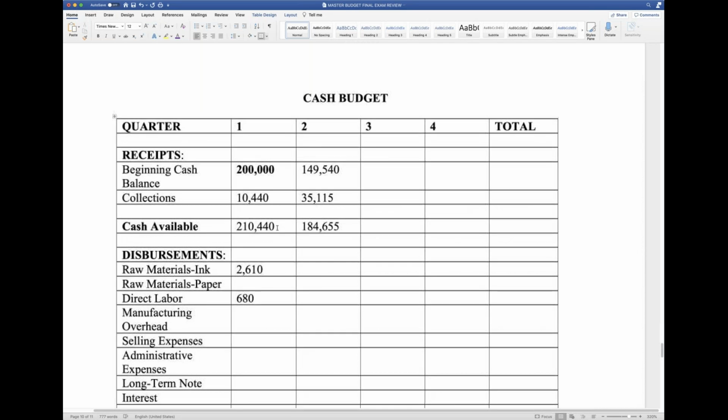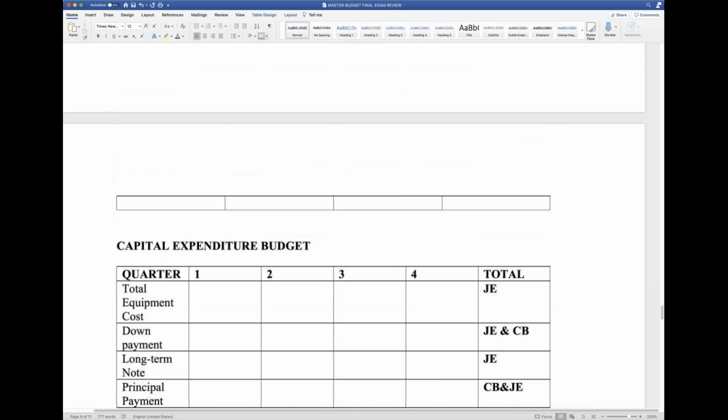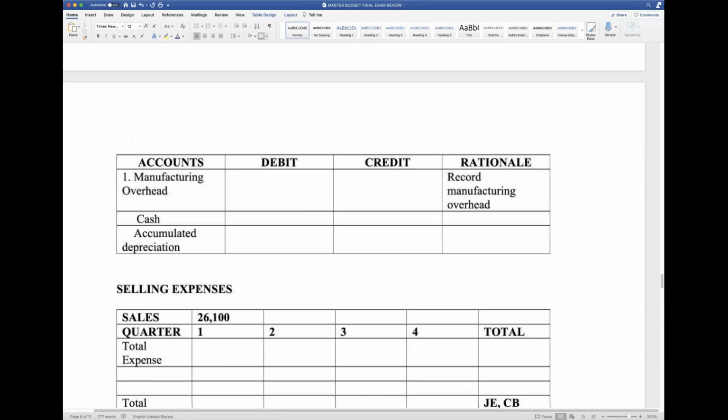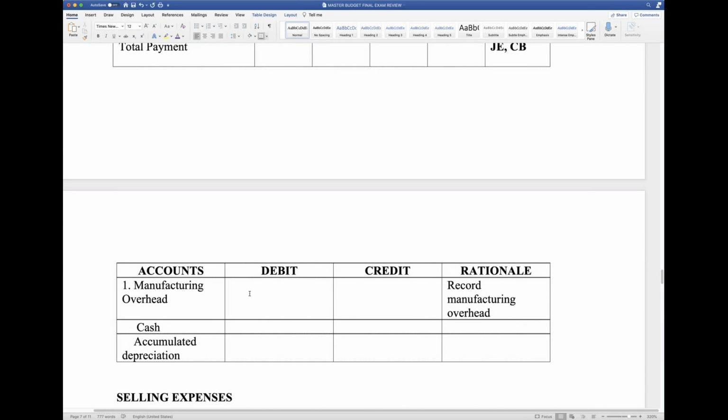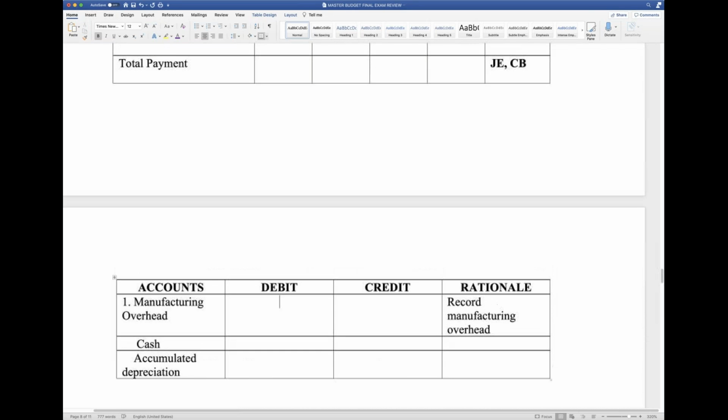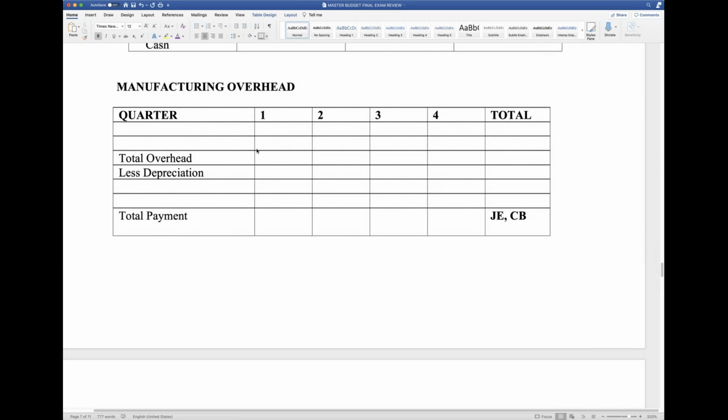All right, so now we need to get some manufacturing overhead. How much is the overhead? I think it was 15,000, I think. What's the total overhead?